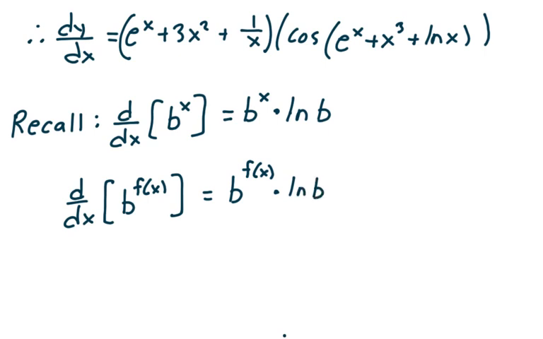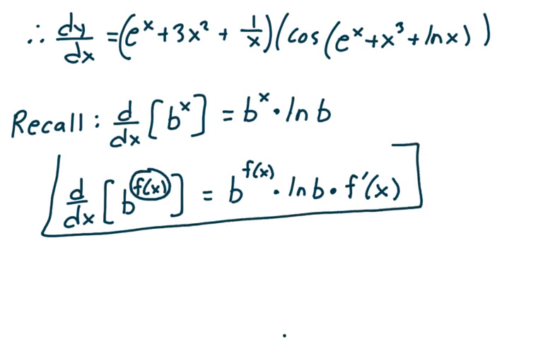But I have to take that answer and multiply by the derivative of f of x. And the derivative of f of x with respect to x, by the way, is f prime of x. So your formula will look like this.